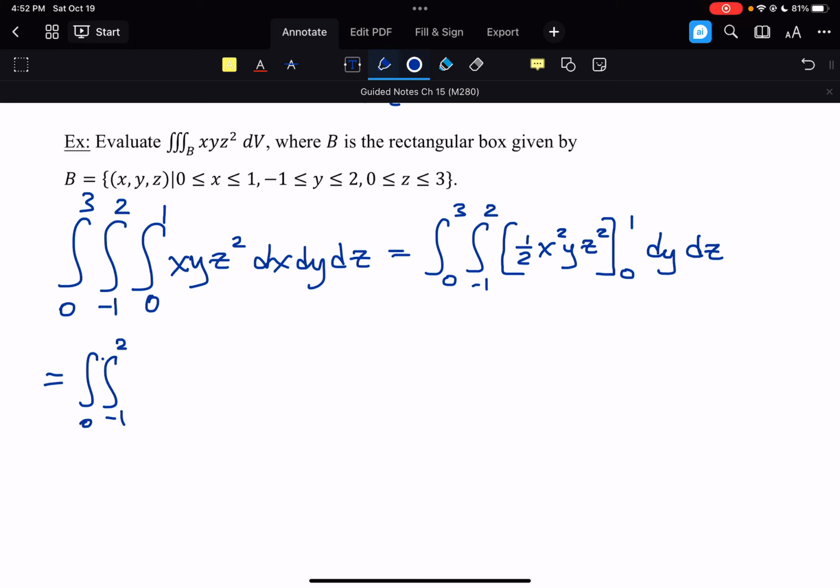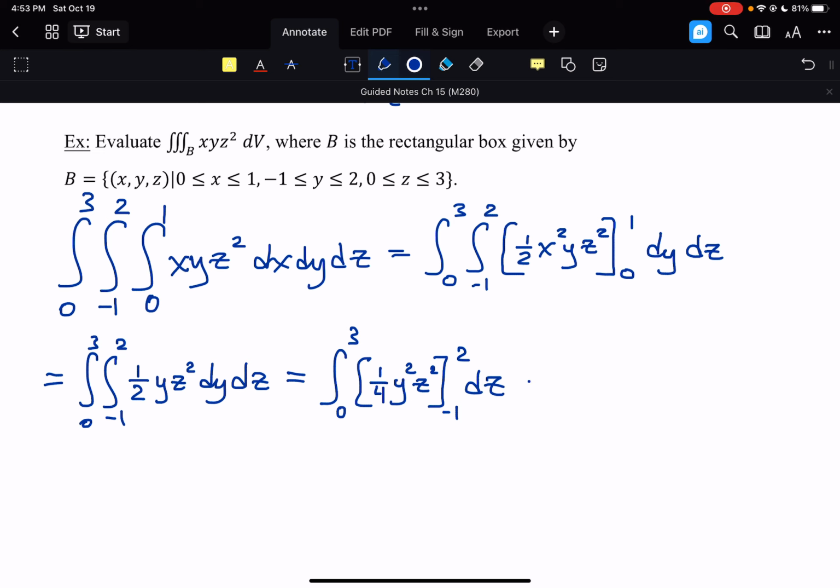So we get just 1/2 yz squared, dy dz. Evaluate with respect to y this time, so that's 1/4 y squared z squared from -1 to 2, dz.